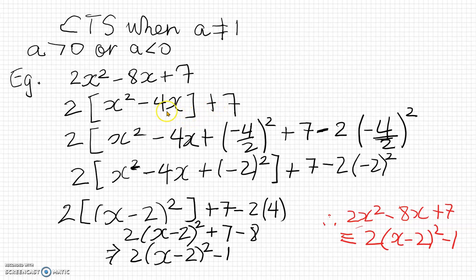Now from here, we take half the coefficient of this x. The coefficient of this x is minus 4. Take half the coefficient of the x and then square it. So that is minus 4 over 2 all to be squared. You take half of this and now you're going to subtract this as well, so your net effect is 0.